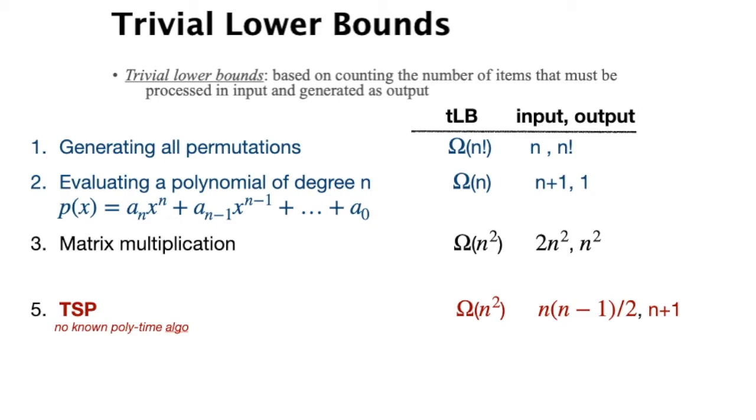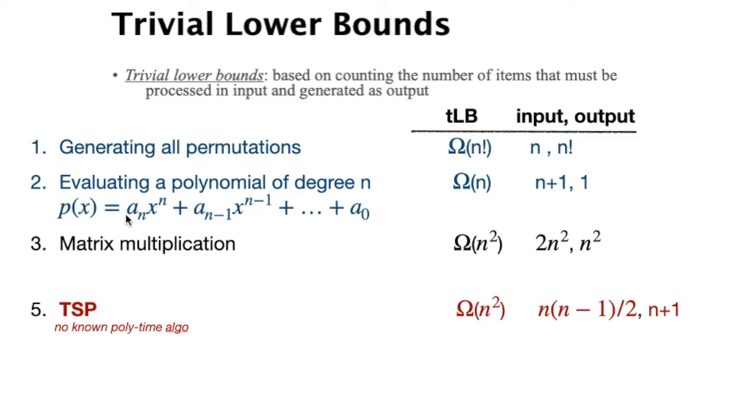For the first problem, where we generate all permutations, the input is a set of n items, so we need to process n for the input. And since the problem is generating all permutations, the total number of permutations given n items is n factorial. So just by counting the input and output, we have a trivial lower bound of n factorial.